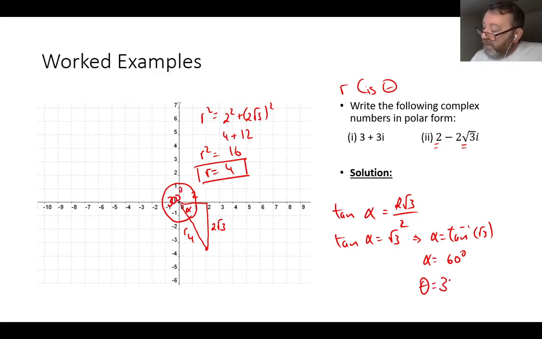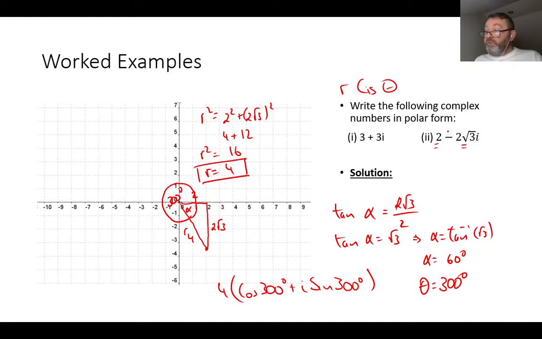So therefore theta is 300 degrees. And that means the polar form is r, which is 4, times the cos of the angle, cos 300 degrees, plus i times the sine of the angle, 300 degrees. And there's 2 minus 2 root 3 i in polar form.